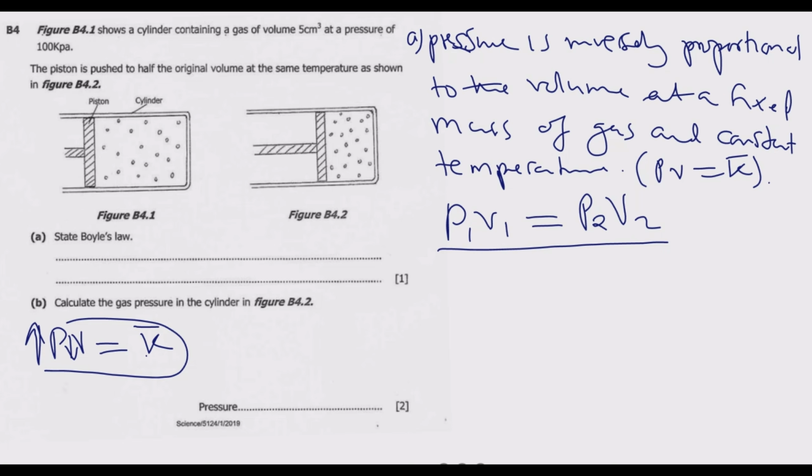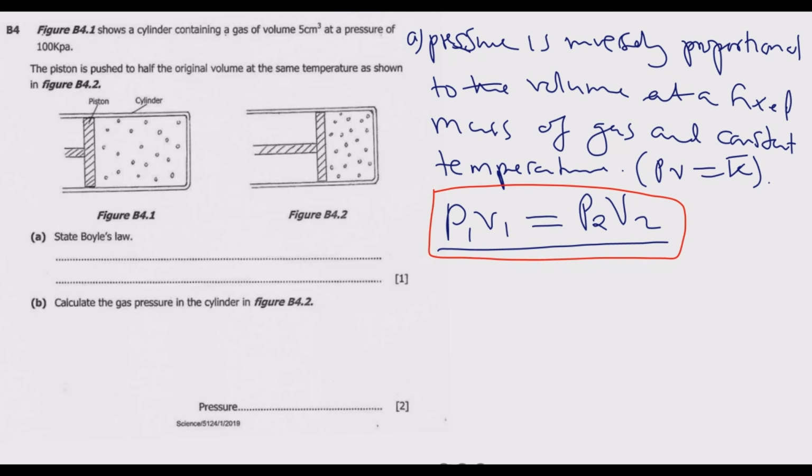Let us look at question B. B reads, calculate the gas pressure in the cylinder in figure B4.2. To find the pressure, we basically use this same principle, this same extended formula.